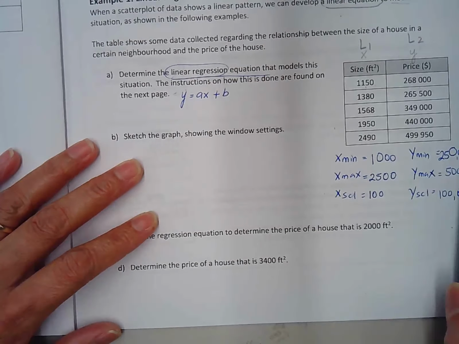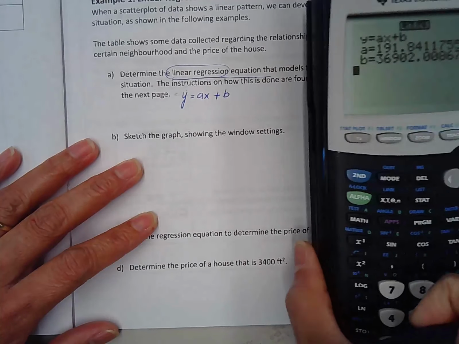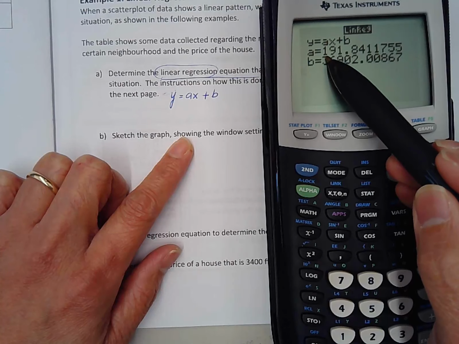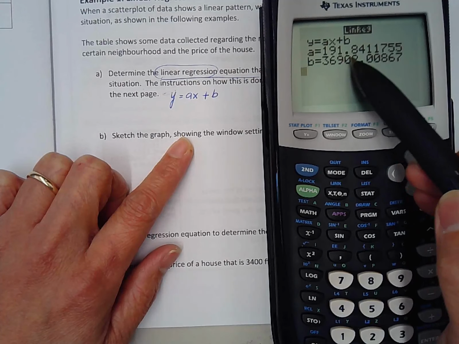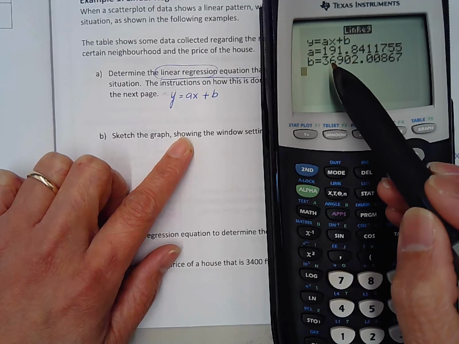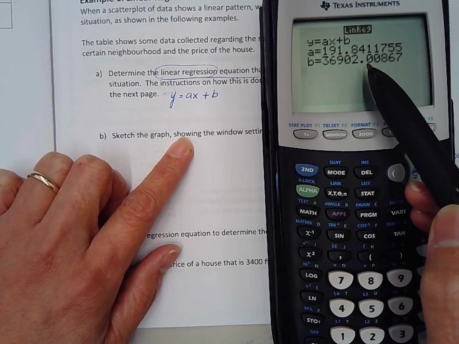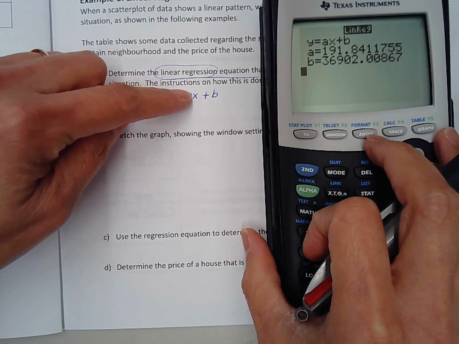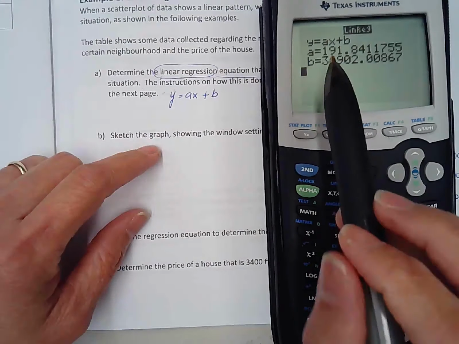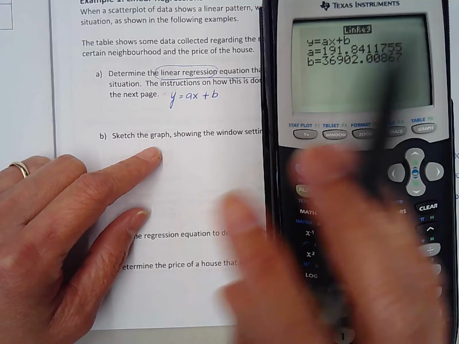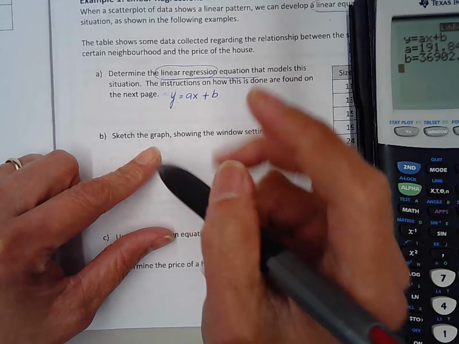Now, what did the equation say? The a value is 191.84, and then the b value is 36,902. So what we're going to do is substitute the a value and the b value into the regression equation. So this is what it would look like.